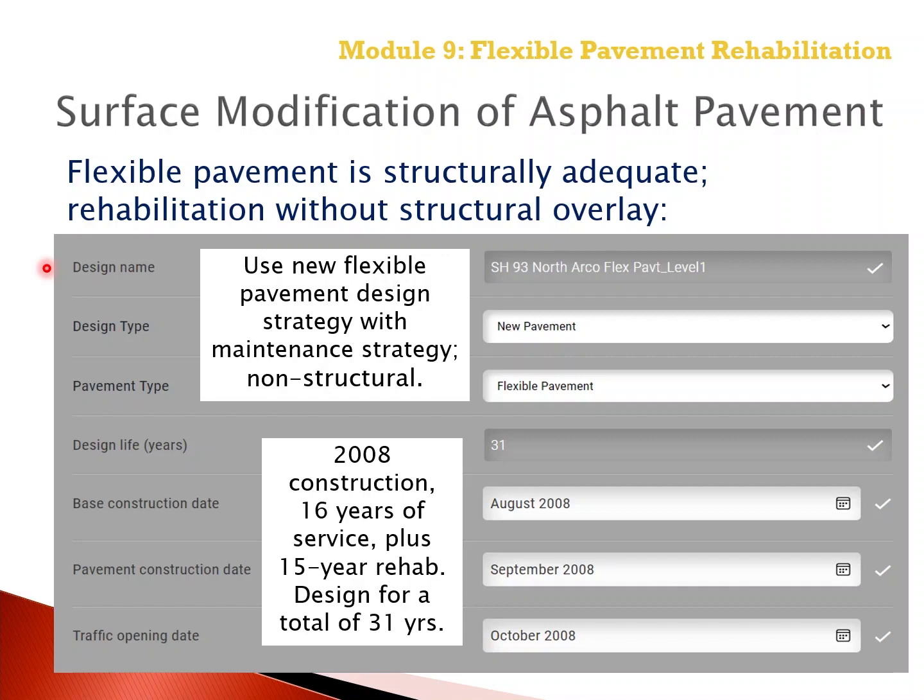As an example, if we have in, say, August 2008, construction of a pavement that has 16 years of surface, which would be 2024, and then we're going to add an additional 15-year rehabilitation design, and those total 31 years of design life, starting from the original pavement construction date as well as the traffic opening date of 2008, plus 31 years, which would be 2039 for the final.